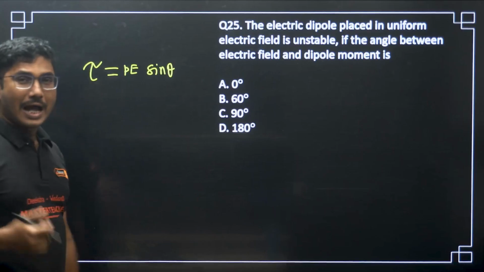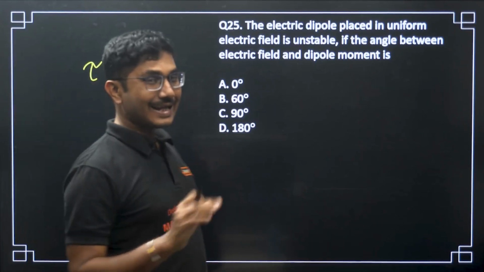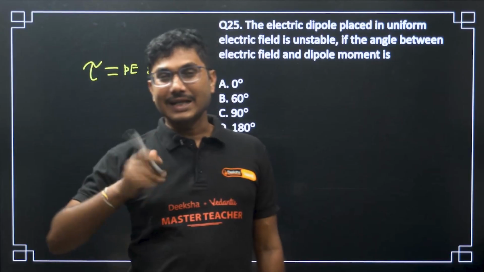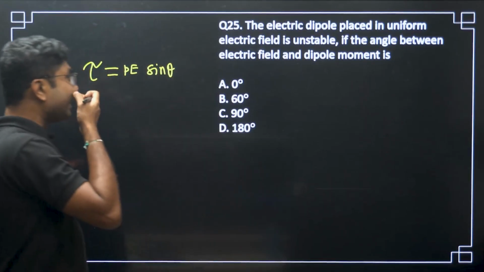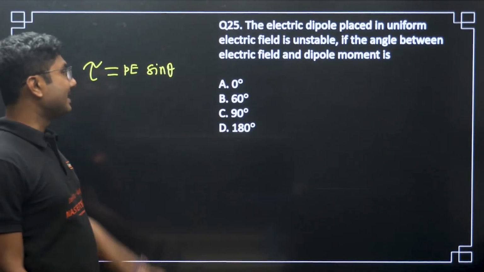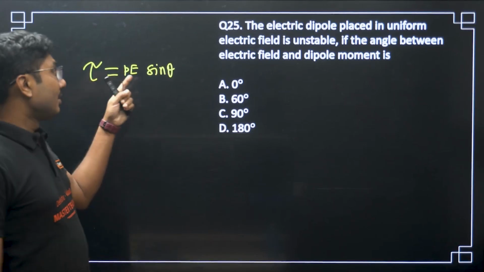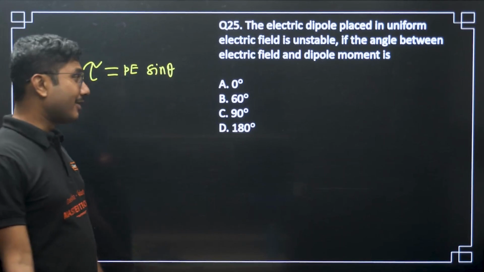Unstable means if it is located at any angle theta and you release it, it will start oscillating. Now, what is the value of sin 0? It means 0 degrees, so the torque acting on it is 0.